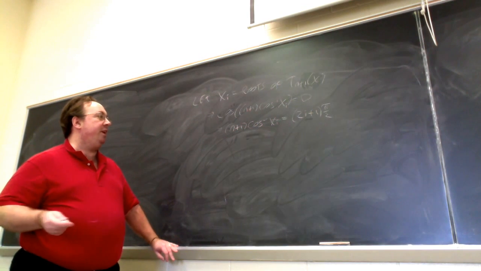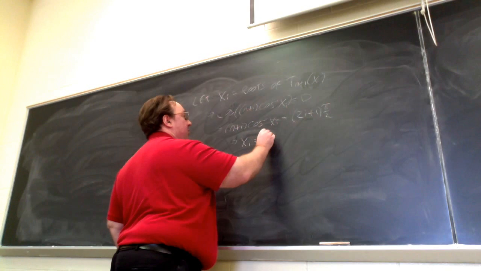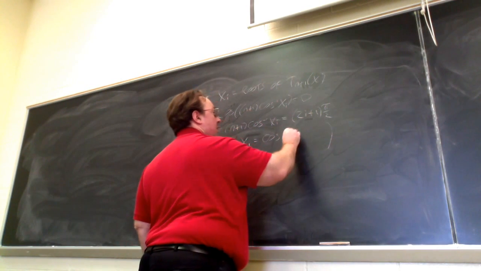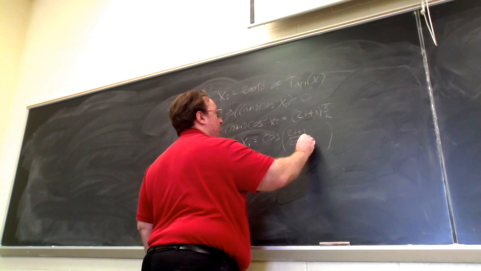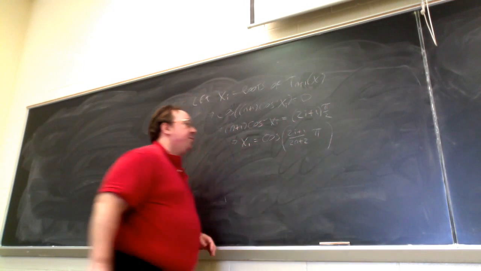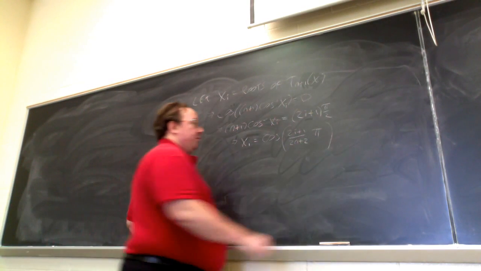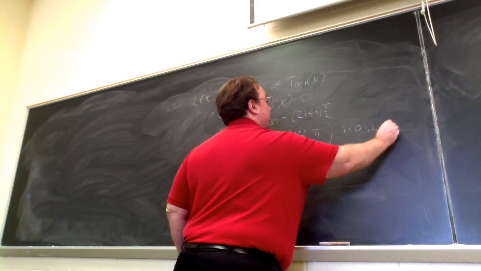Now I can rearrange this to solve for x_i. So x_i is equal to cosine of (2i plus 1) over (2n plus 2) times pi. And this works for i equal to 0, 1, 2, up to n.